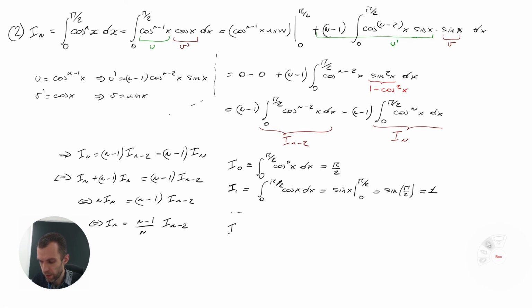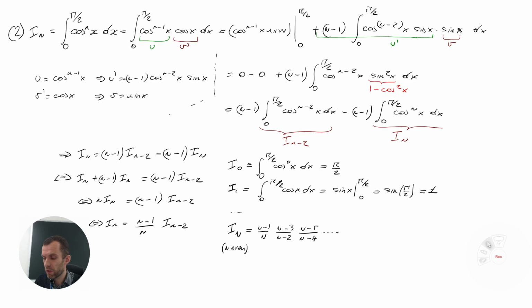For n arbitrary, we have to distinguish between two cases because you can already see a difference between 0 and 1 here. So for n even, what we get for I_n is n minus 1 over n times I_n minus 2. What is I_n minus 2? Well, it's n minus 3 divided by n minus 2 times I_n minus 4. And that's n minus 5 divided by n minus 4.